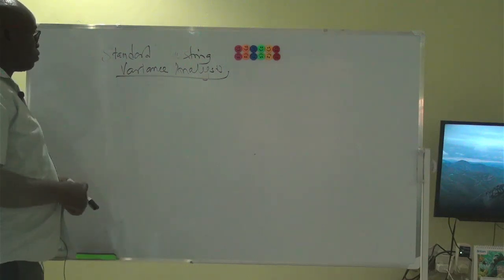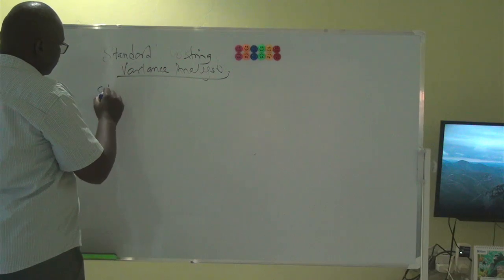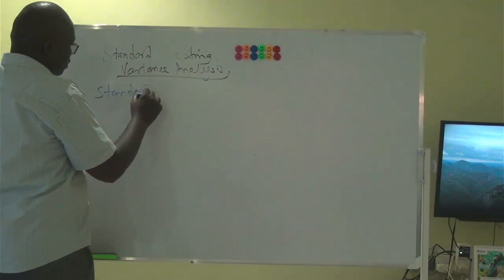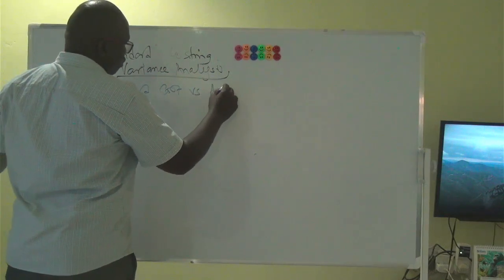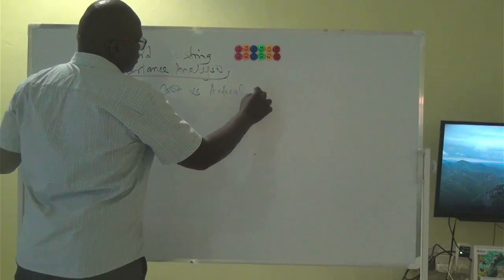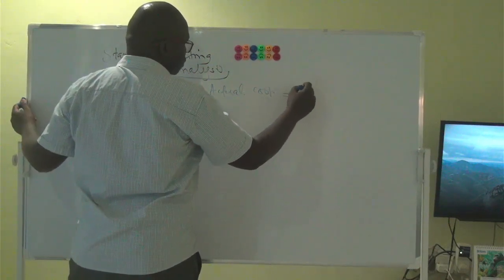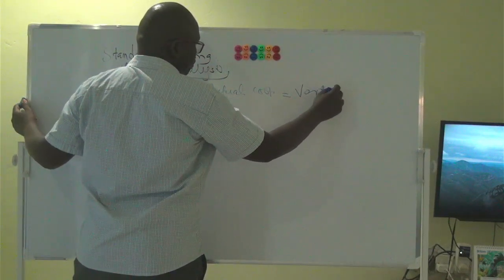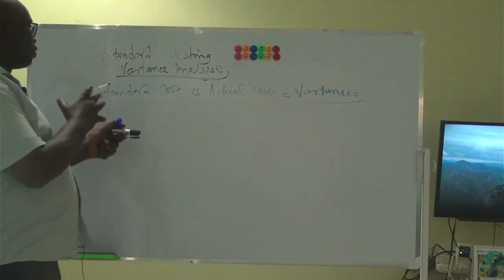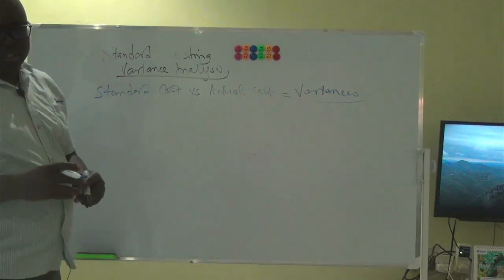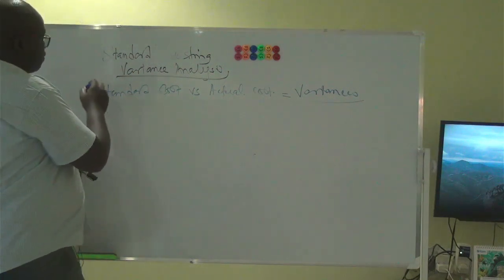That means there are standard costs. We measure them against the actual costs. And the difference there is what we know as the variances. So we'll be looking at the standard costs versus the actual costs.